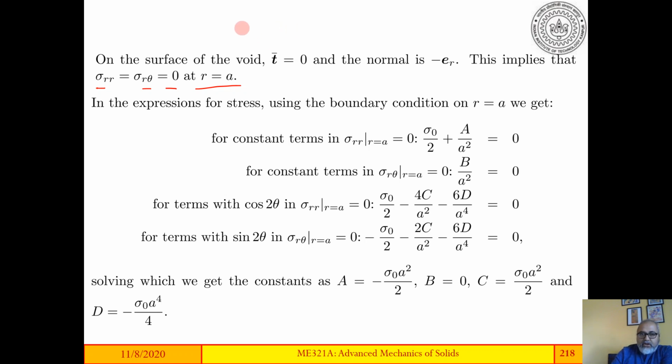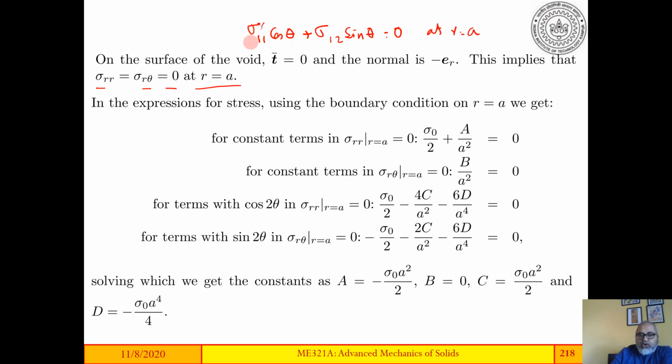I would have got sigma 1 1 cos theta plus sigma 1 2 sine theta is equal to 0 at R equal to A, and then another equation for the second component.